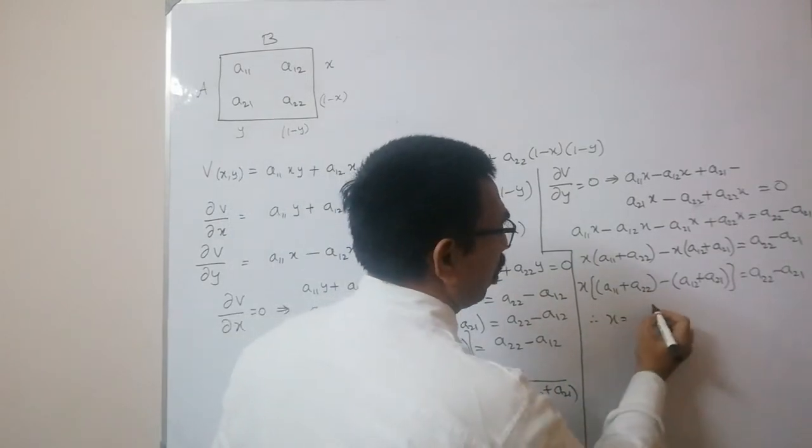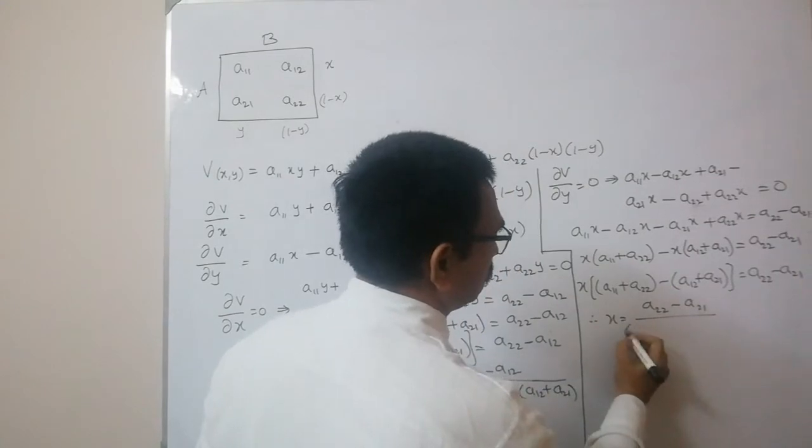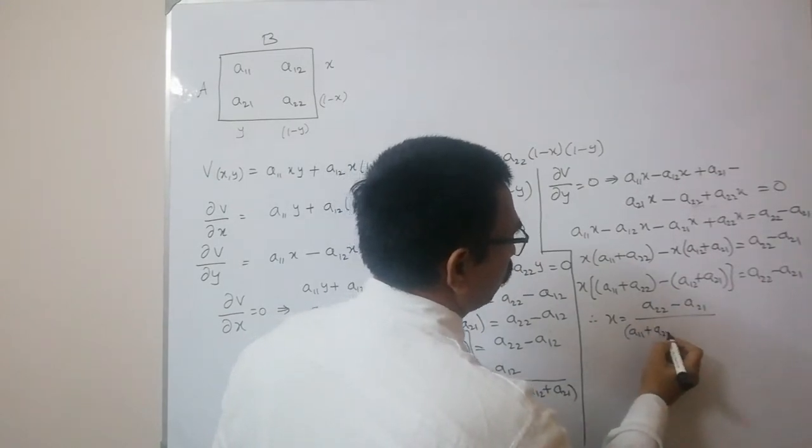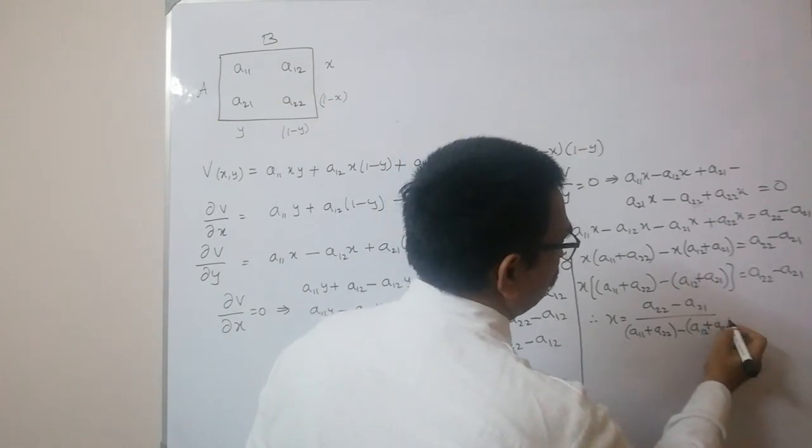Therefore x equal to (a22 minus a21) by (a11 plus a22 minus a12 plus a21).